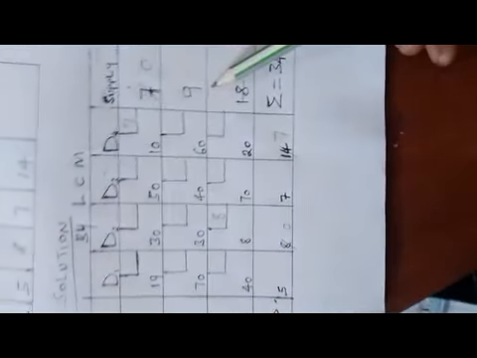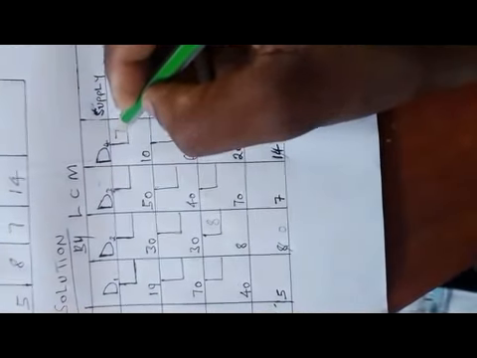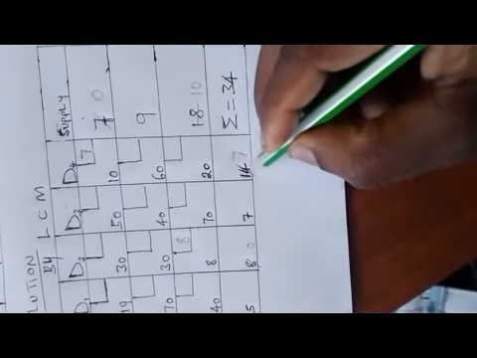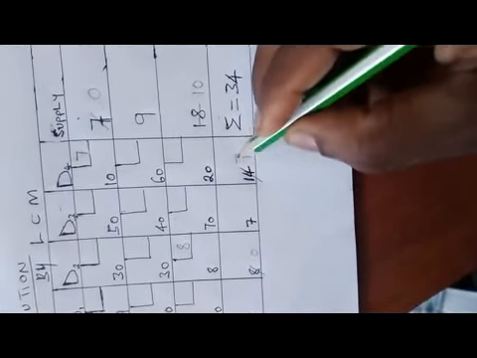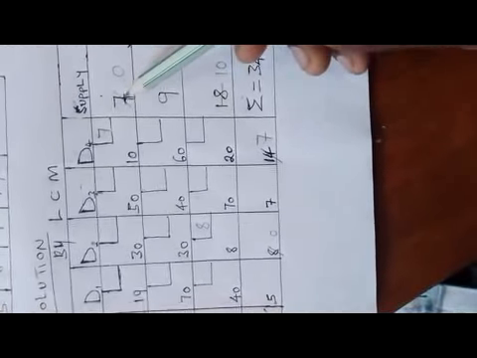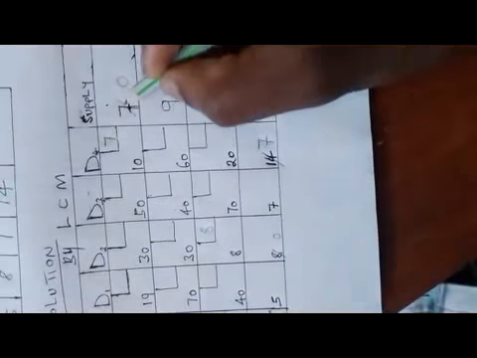So we put 7 here, and we subtract 7 from our demand. We remain with 7 here. Since we have supplied 7 here, we cancel out 7 and remain with 0.